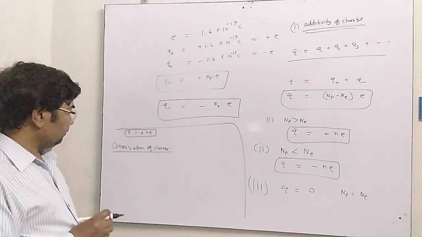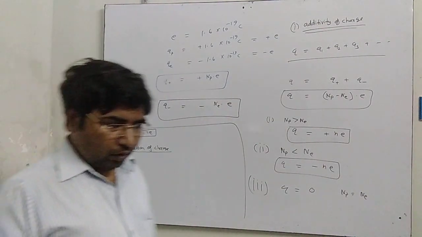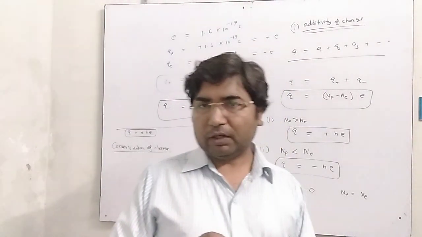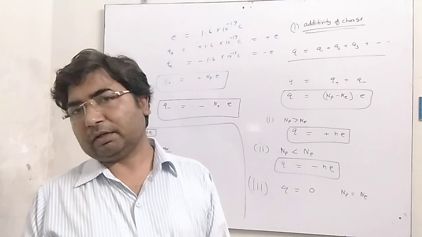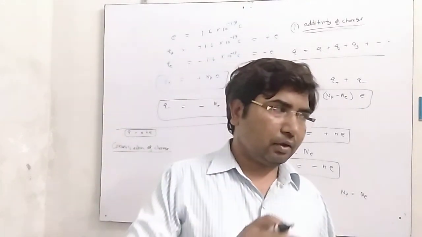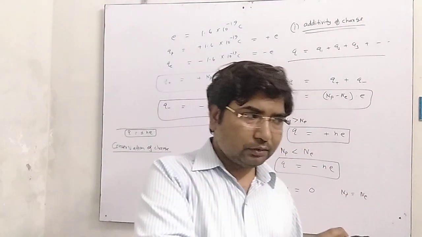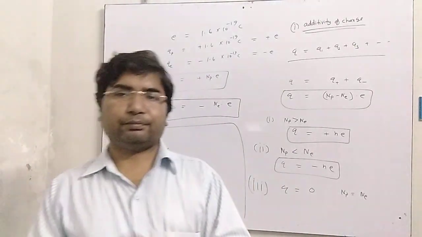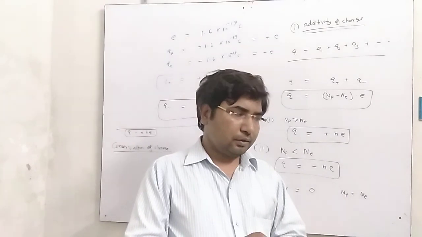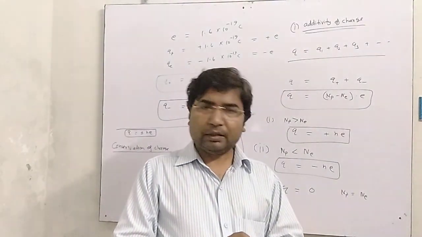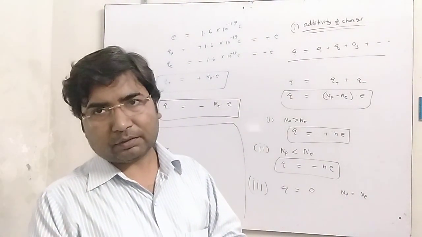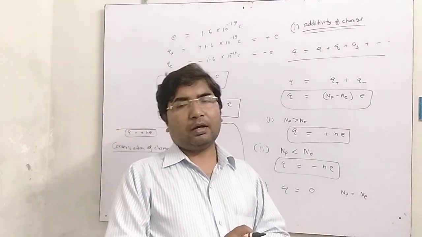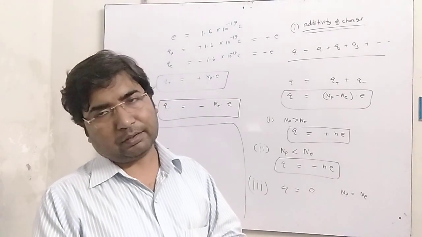For example, when a pair of insulators are charged by rubbing, then some electrons are transferred from one matter to the another matter. The mass of one substance decreases and other increases.